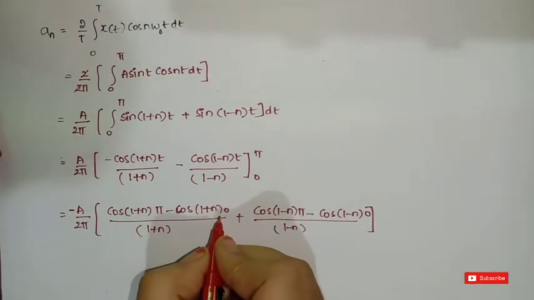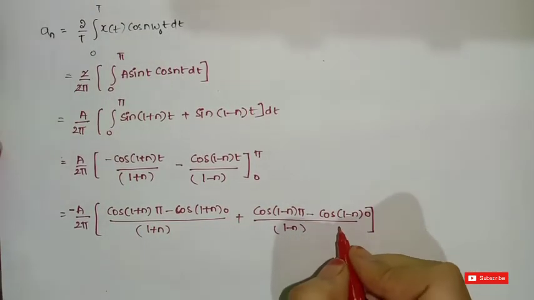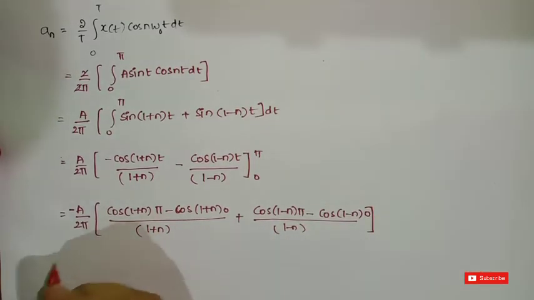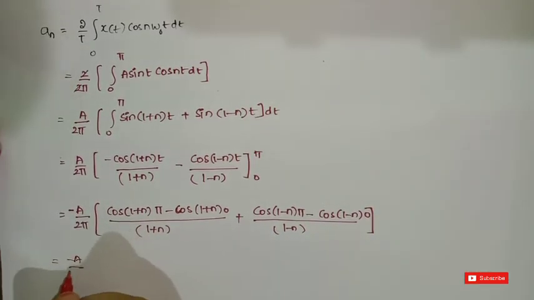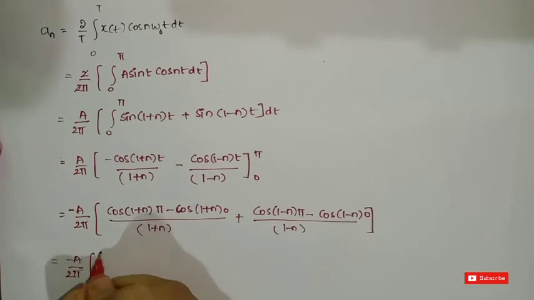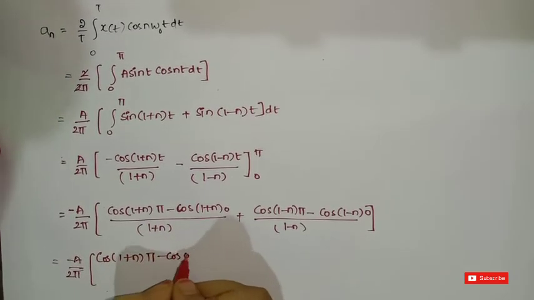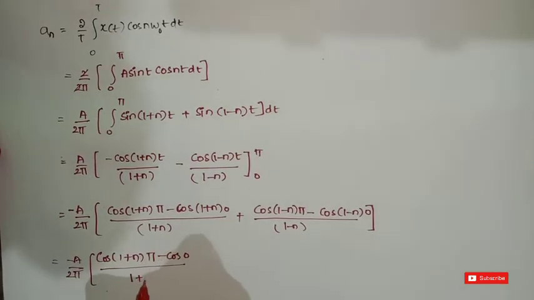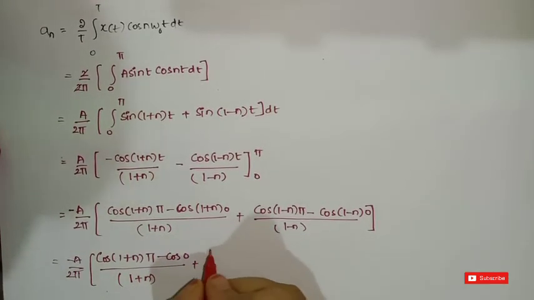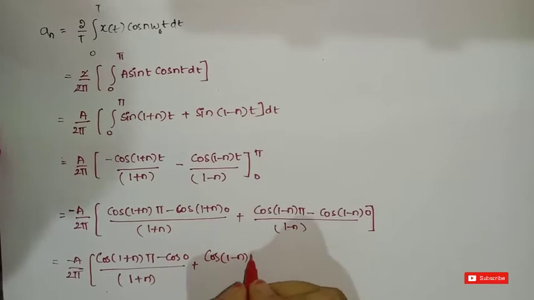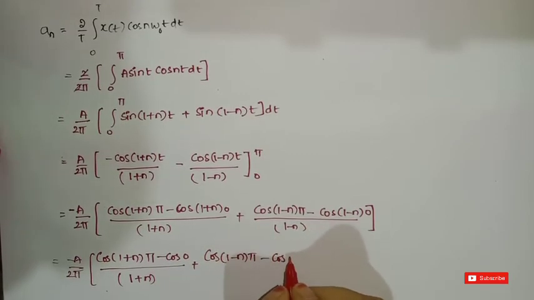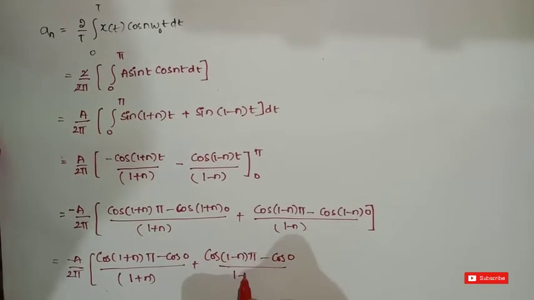Cos(1 plus n) into 0 is nothing but cos 0. Here also cos(1 minus n) into 0 is nothing but cos 0. So minus a by 2 pi [cos(1 plus n)pi minus cos 0] by 1 plus n plus [cos(1 minus n)pi minus cos 0] by 1 minus n.